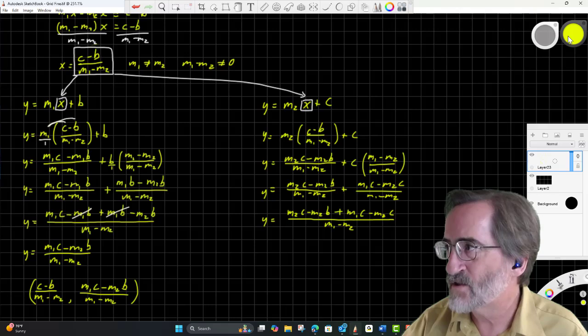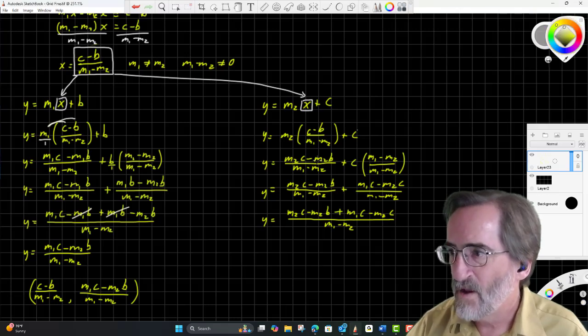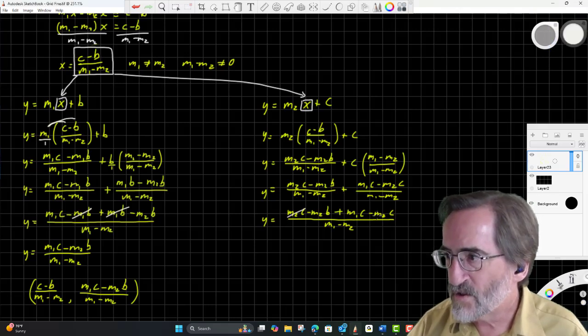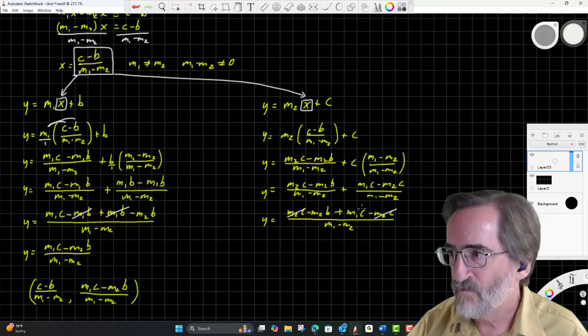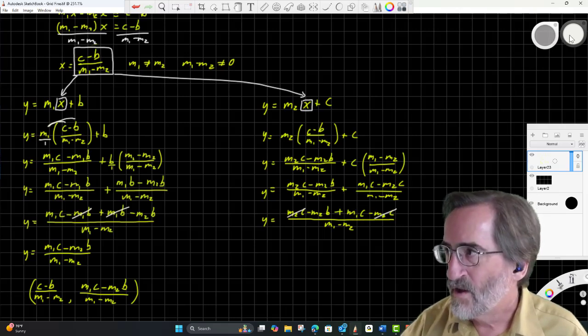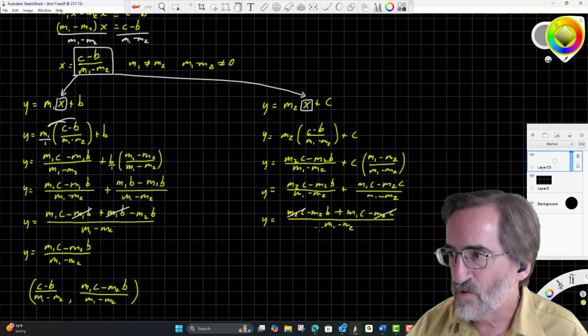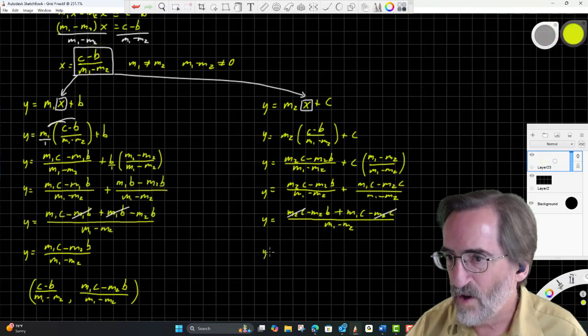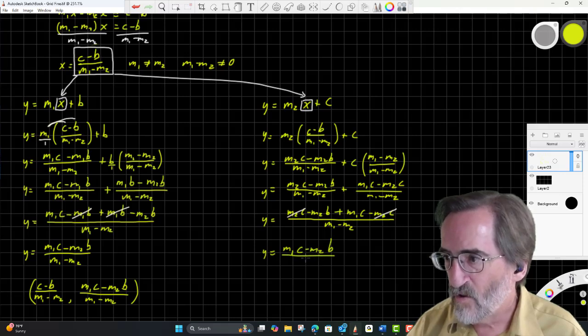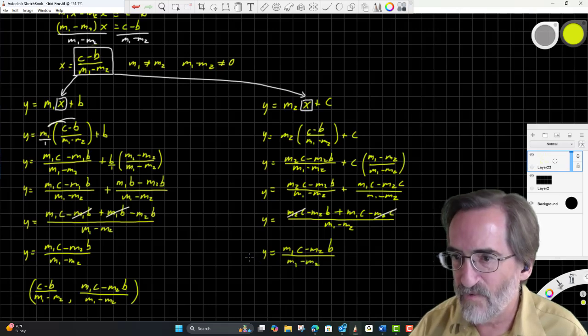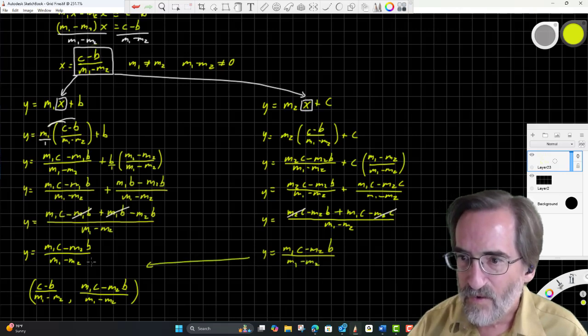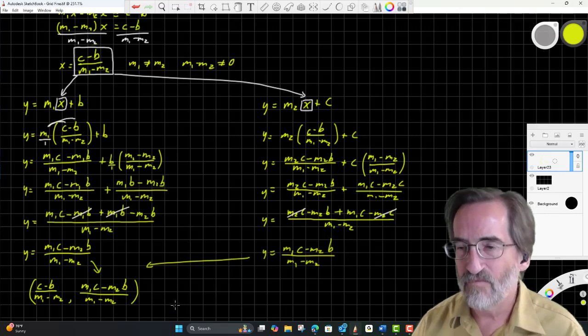You'll notice some canceling, not the same as before. m2c minus m2c cancels. Okay? And so rewriting the order of subtraction here, y equals (m1c minus m2b) over (m1 minus m2). That's the same y value. This y value comes out in both.